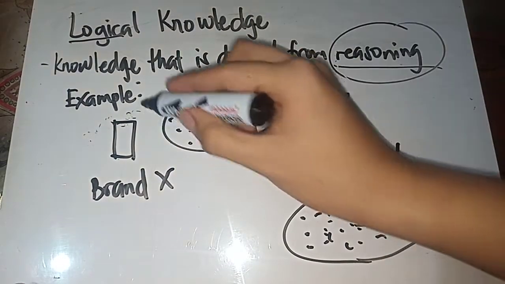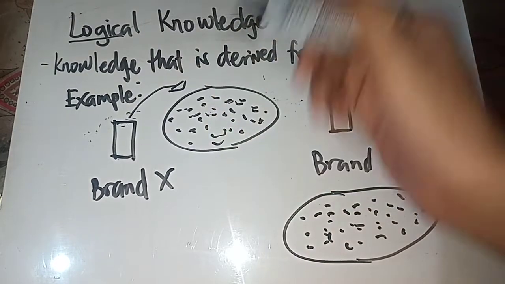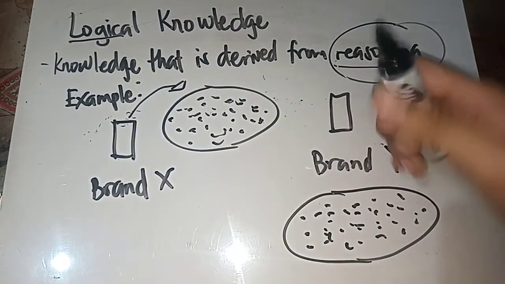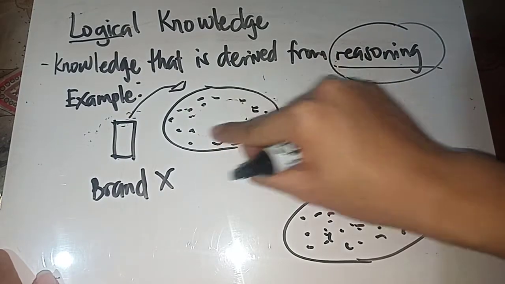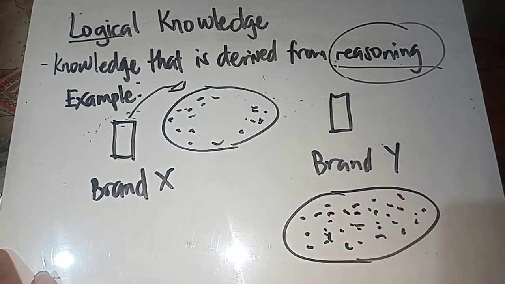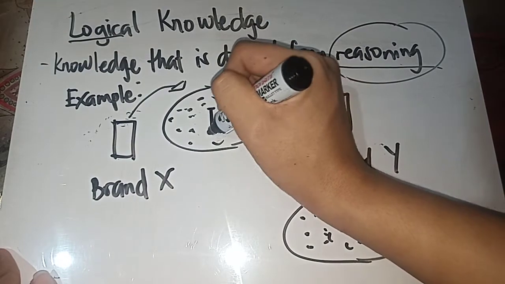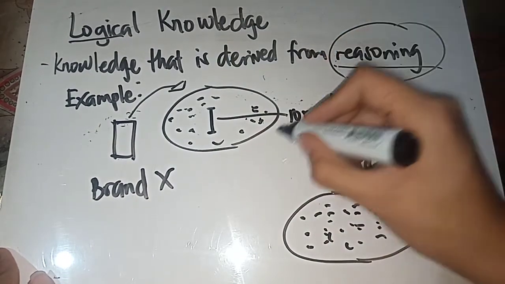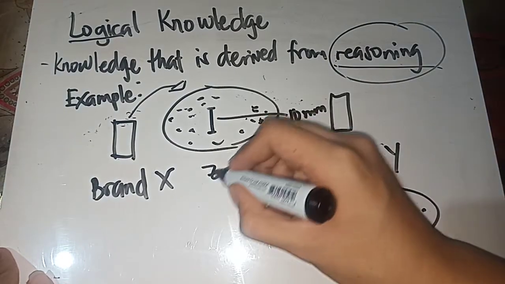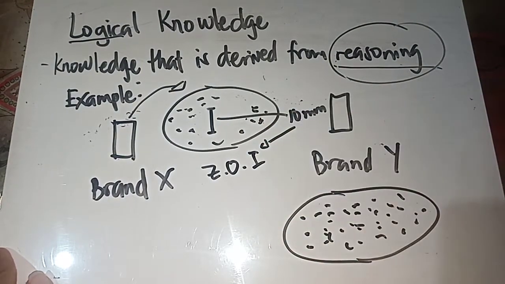Now, upon the application, so let's say we applied brand X to this petri dish, there was a removal of bacteria, and the diameter measured, let's say, 10 millimeters. This 10 millimeters is the zone of inhibition.